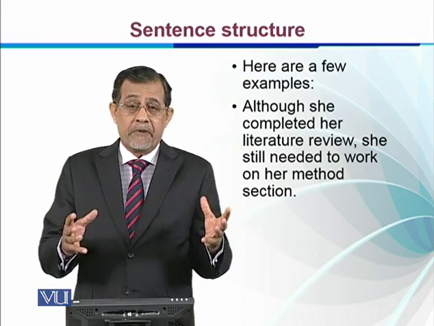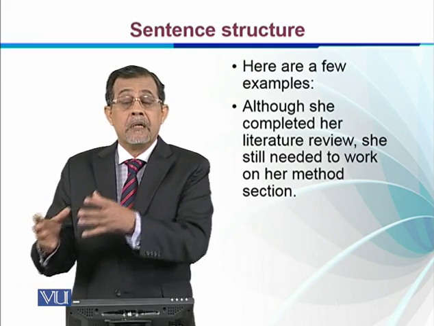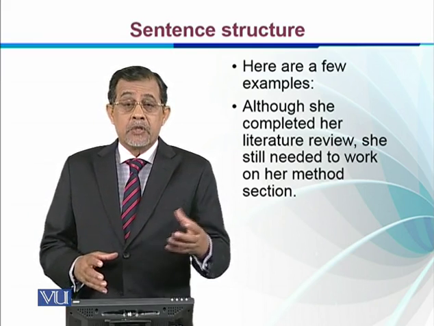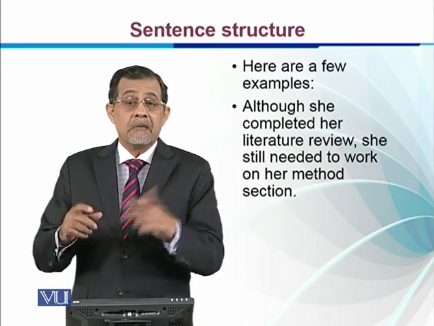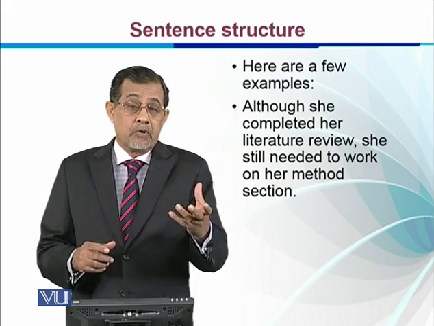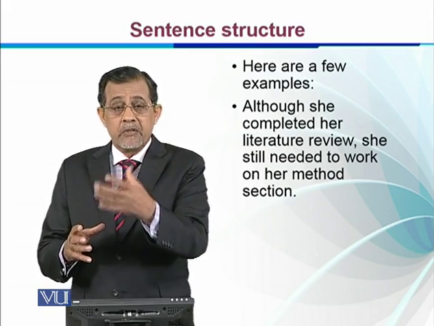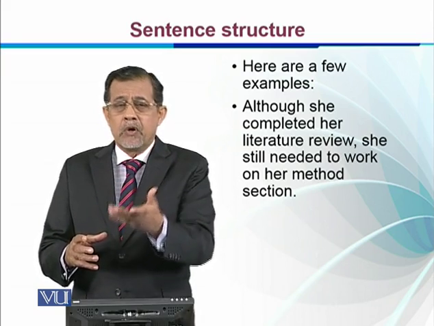Remember that the dependent clause is always a component of the independent clause. The components of the independent clause are subject, object, adverb, or complement. So the dependent clause may be the subject, and the subject is always a noun, so it will be a noun clause. Object is always a noun, so it will be a noun object clause.